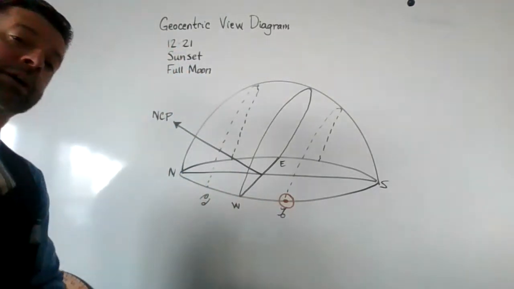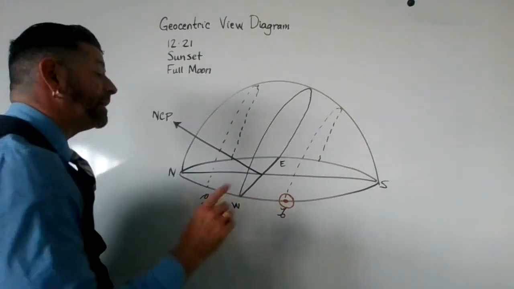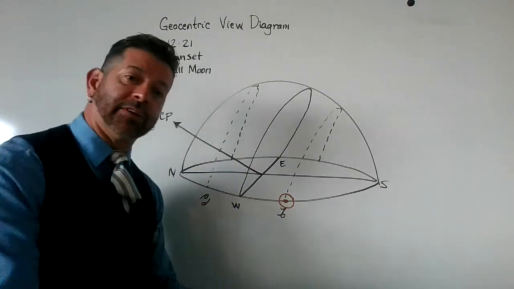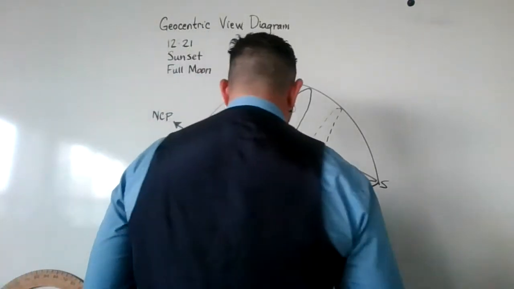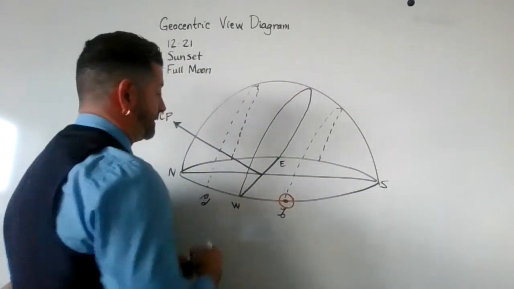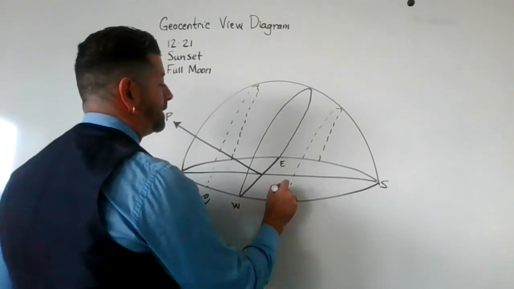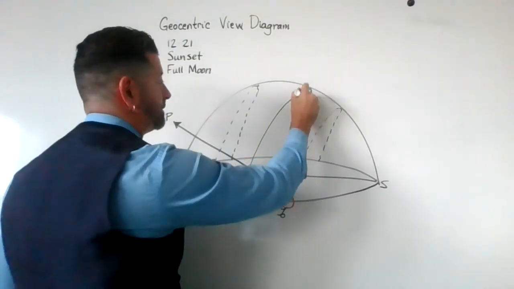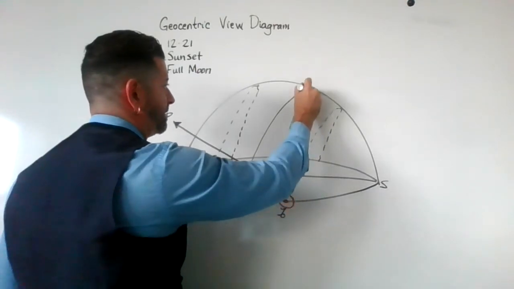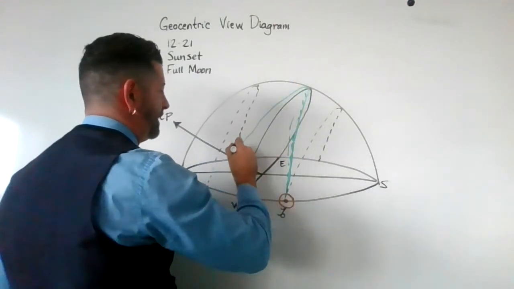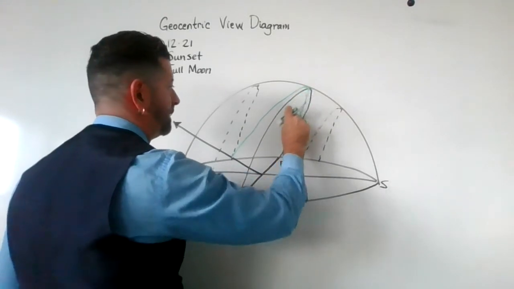Now the moon is 180 degrees away from that along the ecliptic. So if we put in the ecliptic, and I hope this isn't too confusing, it's going to run like this. Follow the solid line, children. Ignore this.